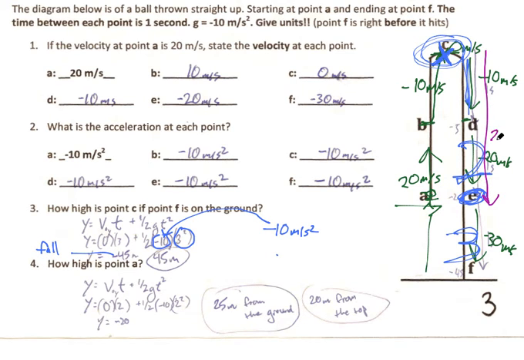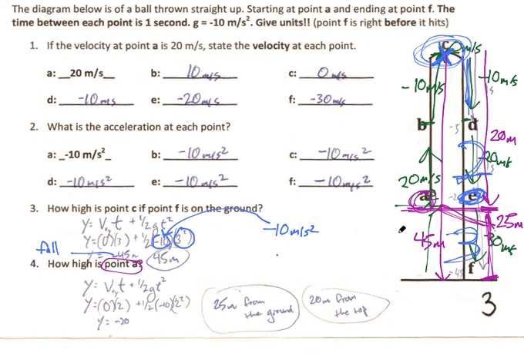If I fell 20 meters, and I know that point C is 45 meters, well, that would mean that from point E to the ground leaves me with 25 meters. And I know the question asks us about point A, and I keep referencing point E, but again, point A and E are in the same plane, so however high up point E is, point A is also. So point A is 25 meters above the ground.